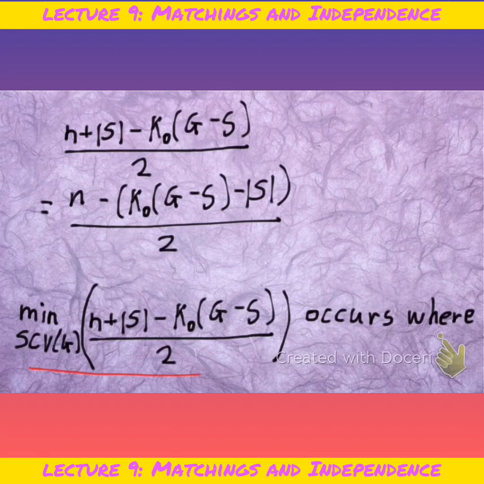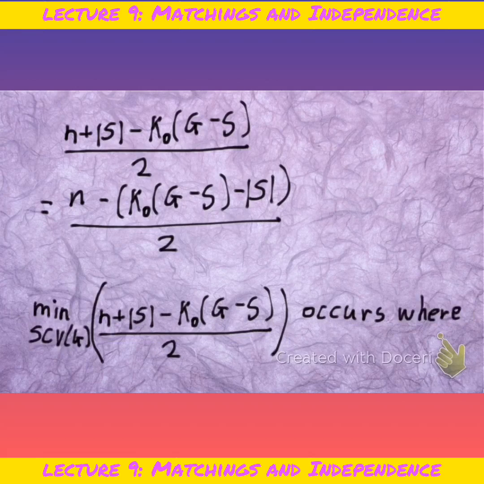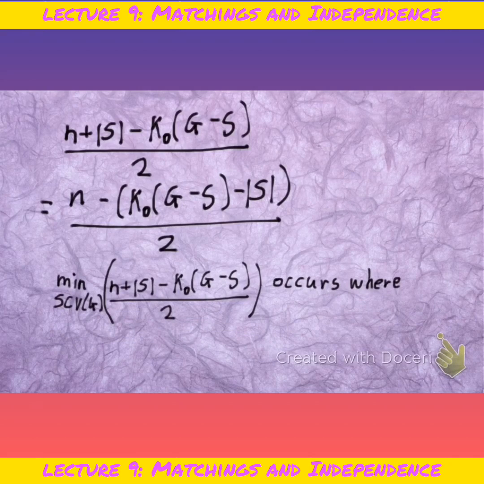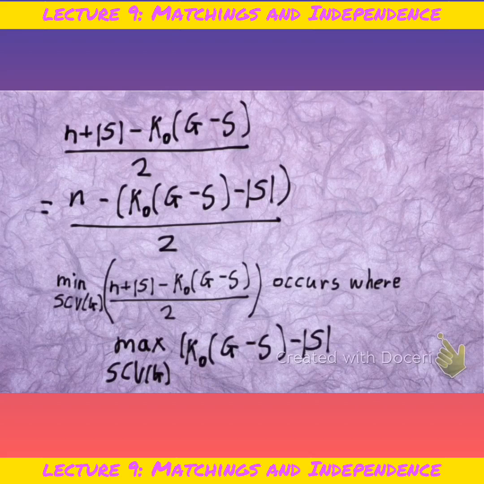So the minimum occurs where we have the maximum, where S runs through the whole of V of G, of this quantity, which is the difference between the number of odd components and the cardinality of S.